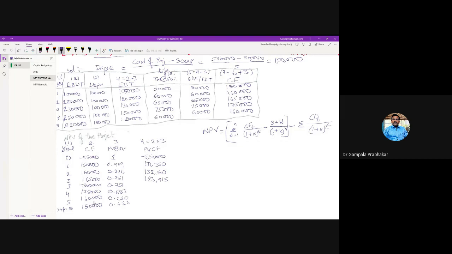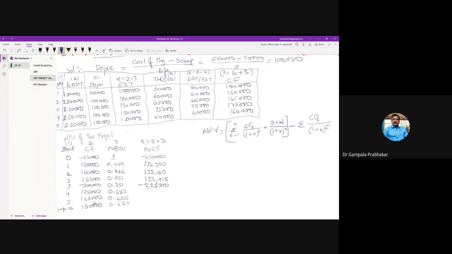Again, this 3 lakh outflow also we have to convert into present value. For that, 0.751. So it has become, you don't forget to put minus because it's outflow, right? 2,25,300 is the outflow, right?